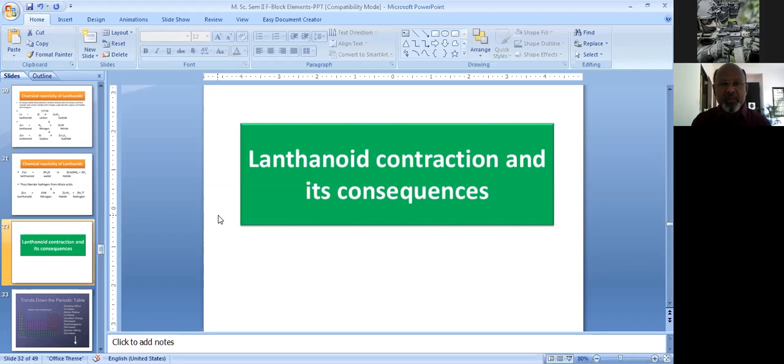So lanthanum, being larger in size, is more basic, and its ionization potential is very low. But as we move further up to lutetium, which is the least basic and small in size, the size of lutetium plus 3 is very small.